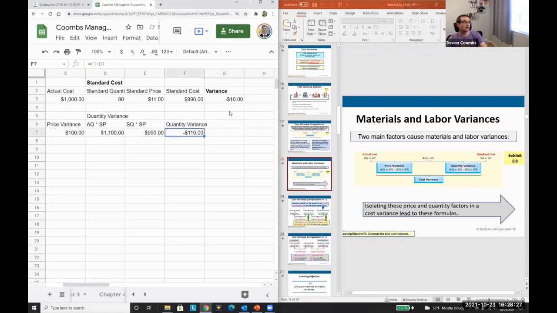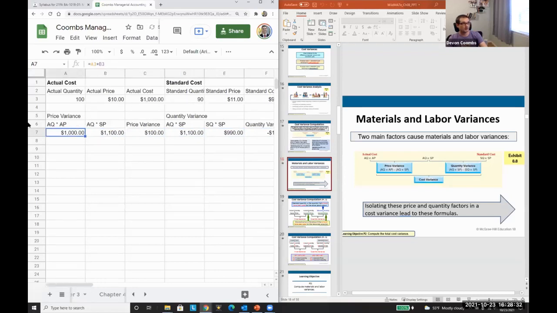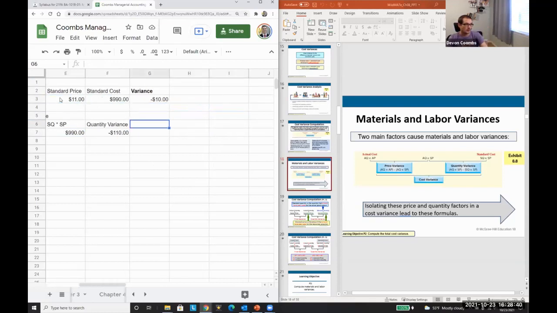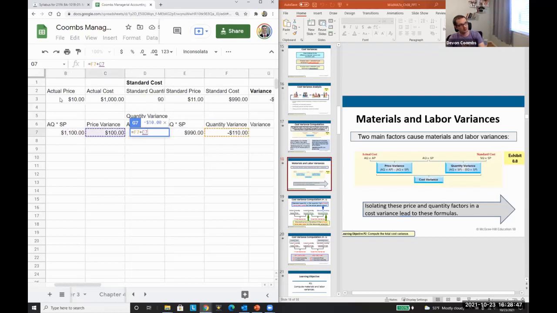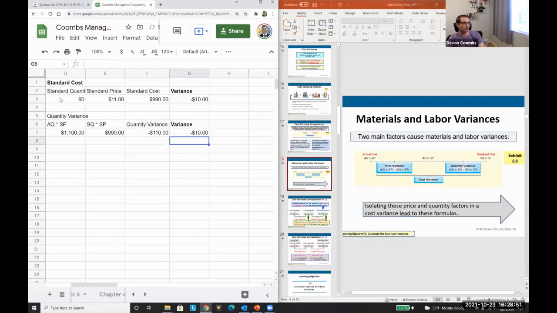We have a negative 110 quantity variance. That's us quantifying the value of us using 10 additional units to create our product. These two variances combined will give us our total variance. That's how we know we did it correctly. These two equal, so I just do a check. This minus this should be 0.